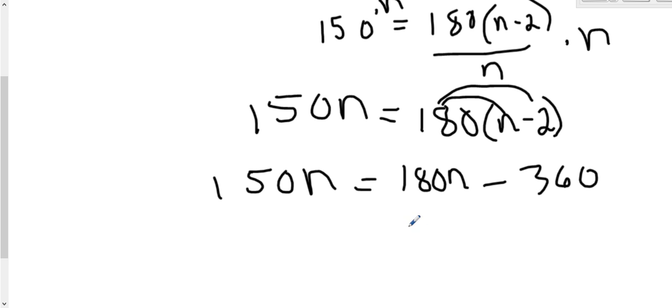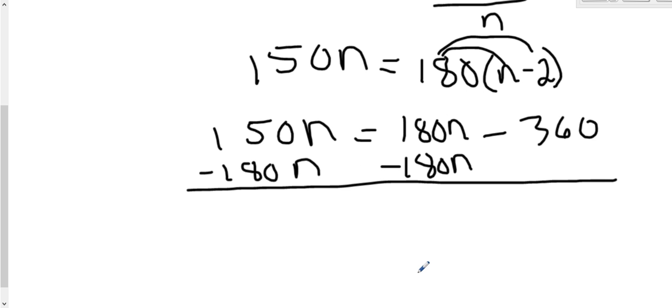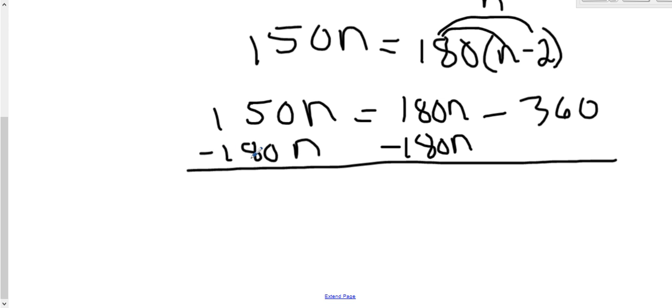And then our next step, we're still going to get rid of these 180 n's here by subtracting them. So 150 minus 180 is a negative 30n.